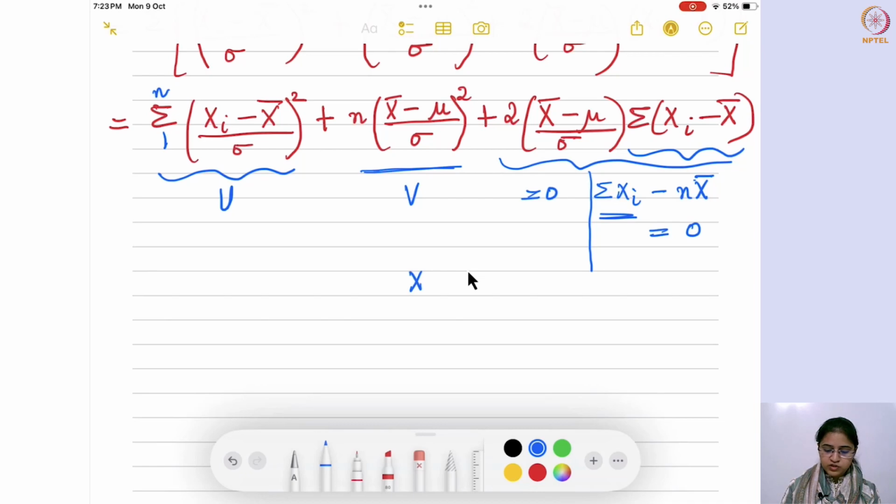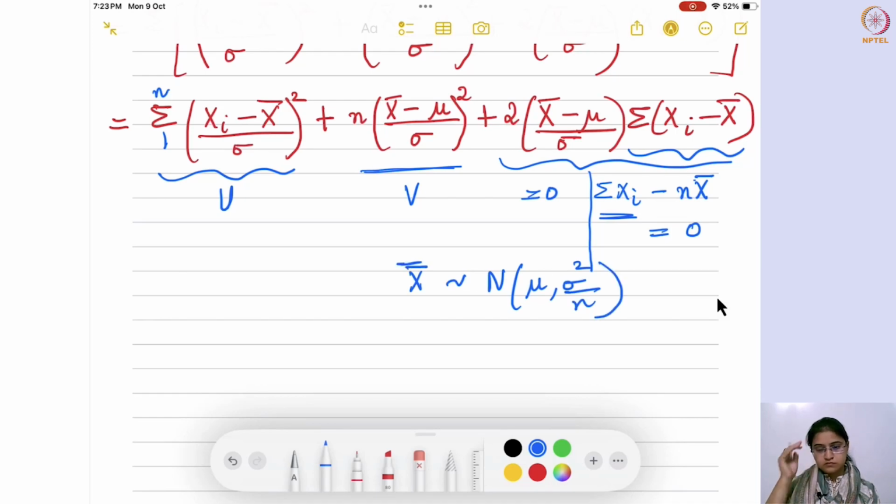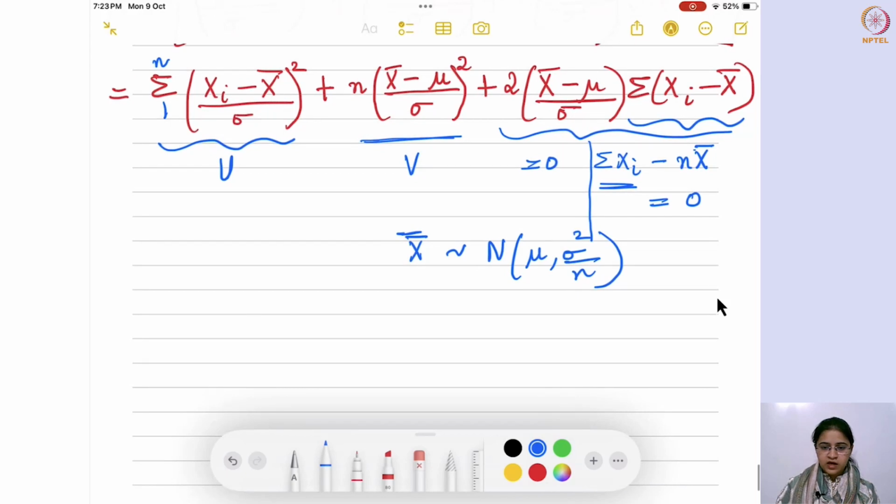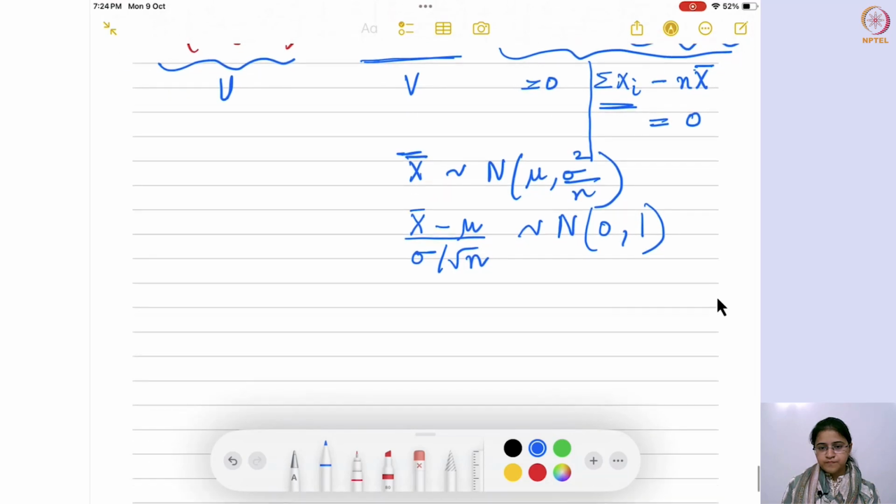We know that x bar follows normal with mean mu and variance sigma square by n. I can standardize it: x bar minus mu by sigma by root n would follow normal with mean 0 and variance 1.